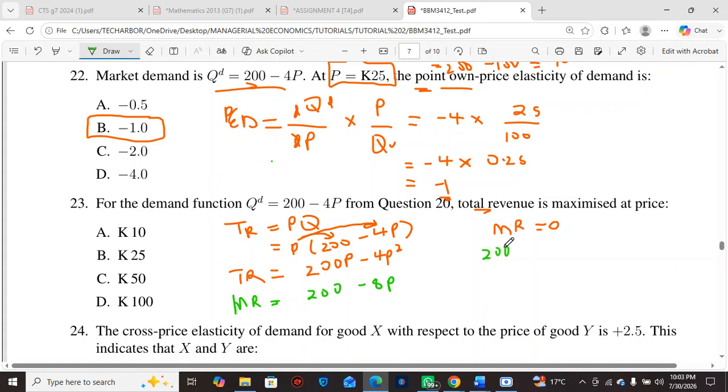So 200 minus 8P equals 0. Take the negative 8P to this side, so 200 equals 8P. To get the value of P, divide both sides by 8. 200 divided by 8 is 25. So P equals 25.